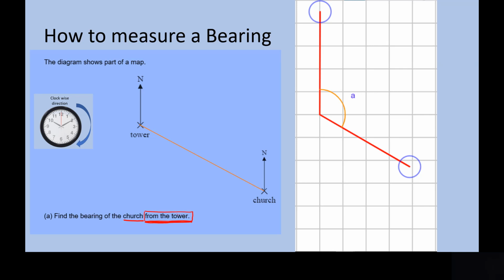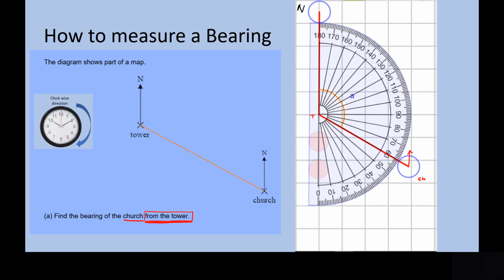Okay, so as you can see, we've got our north line at the top there. And I'll just draw the little north line here at the church at the bottom, and that's our tower here. And now in terms of using the protractor, let's bring a protractor in here first of all. If you can have a look, on here, we've got the edge of our protractor there. Okay, that's just the edge of the plastic.